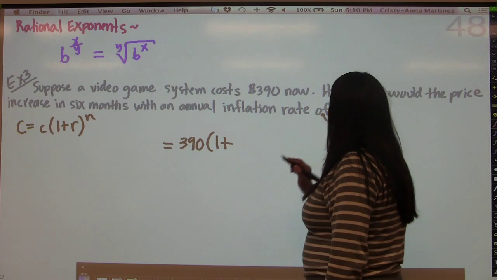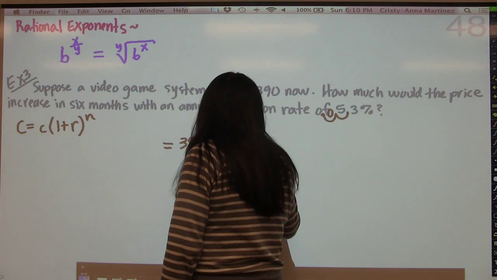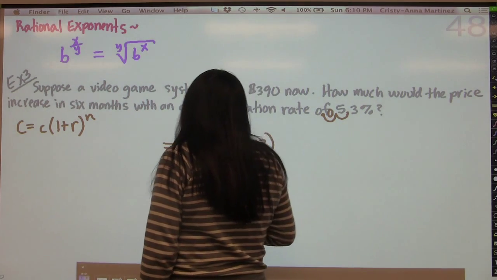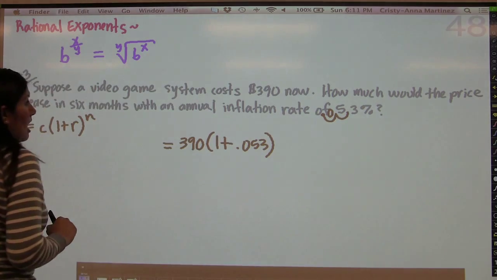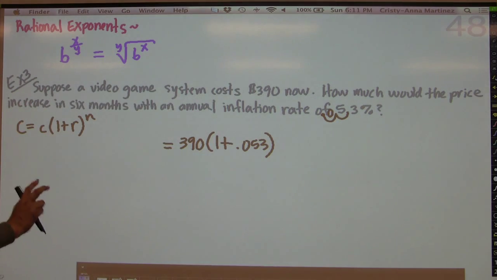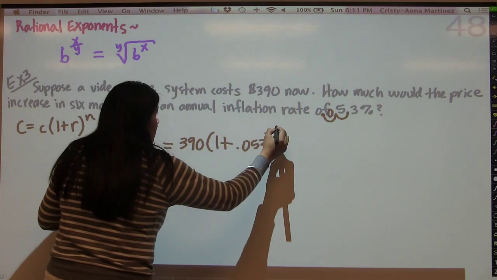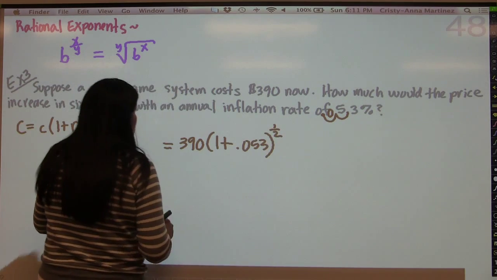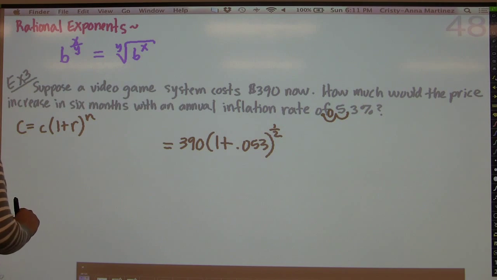That's 0.053. And then it says how much would the price increase in 6 months? But n is time in years, so 6 months is basically half a year. So our n is going to be the 1/2 power. All right? So that's basically how we do that.